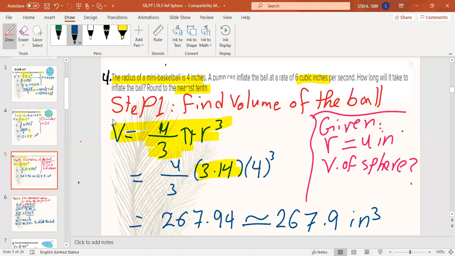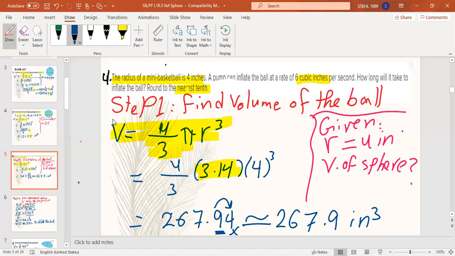So I'll go to the 10th and arrow to the digit to the right of the 10th. It's 4. 4 is less than 5. So I just cancel it and keep the 10th. The volume of the mini basketball will be approximately equal to 267.9 cubic inch. We are done step 1, which is volume of ball.